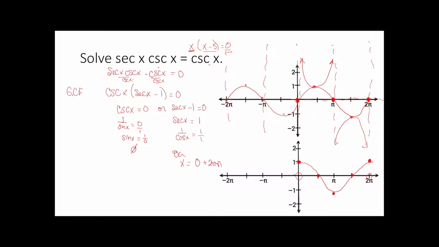Another way of looking at these, it would be to say, where is the cosine on my unit circle equal to 1? We know that the cosine is always the x coordinate. So where do we have an x coordinate that's 1 on the unit circle? At 0, at 2 pi, at 4 pi, and so on.